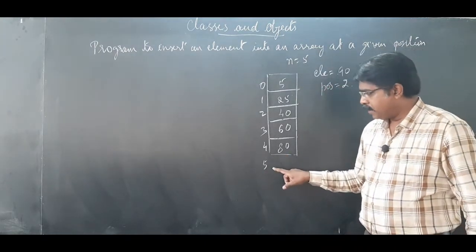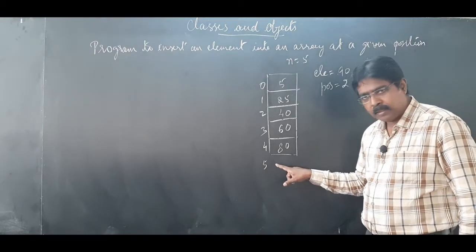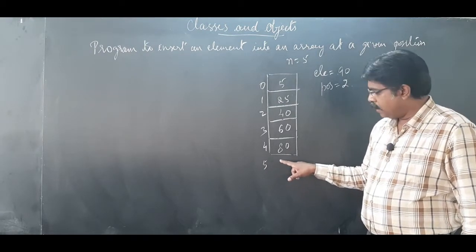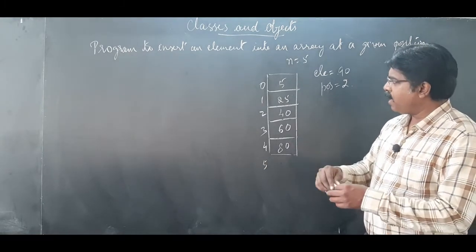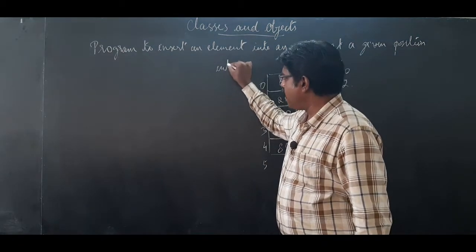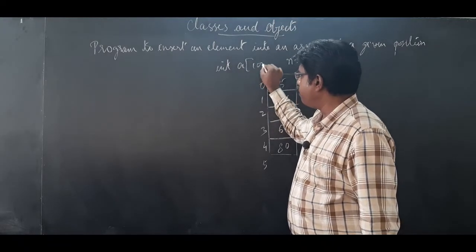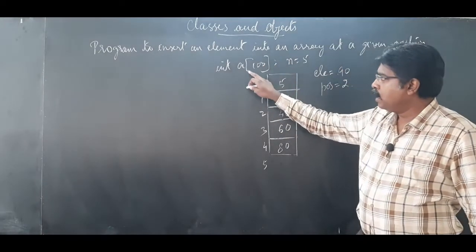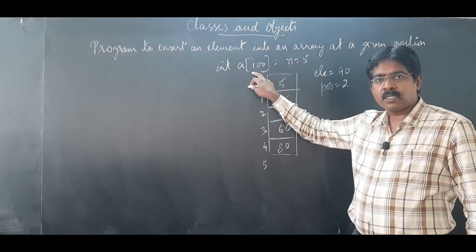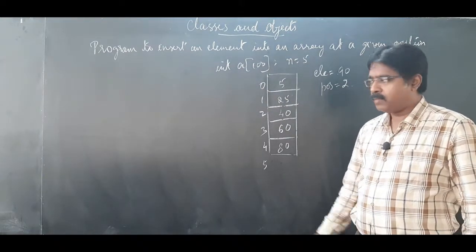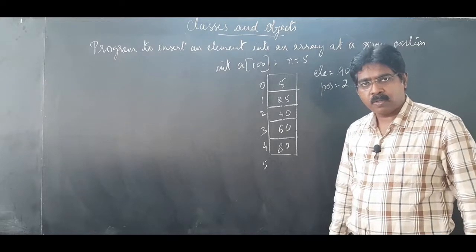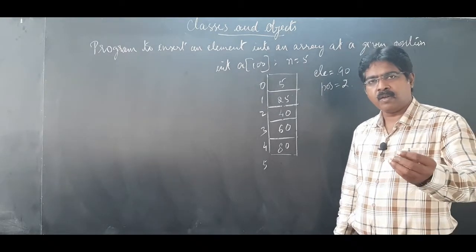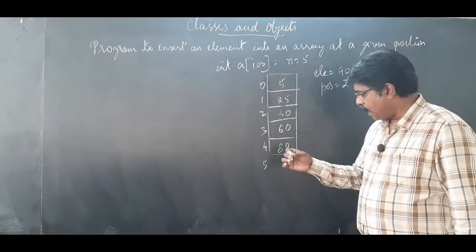You may wonder that here there is no element, but still we take the indexing value. We can take an array of a standard size as A of 100. So A of 100 means size is 100, but in that 100 elements which you can store, we will be storing around 5 or 6 elements.